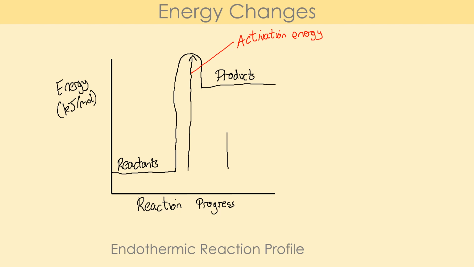And then we have our other arrow going from in line with our reactants up to our products. That is our energy change, and that is measured in kilojoules per mole. This time it will be positive because it is an endothermic reaction. So energy has entered into the chemicals, so into our products. Of course, the temperature of the surroundings will decrease.